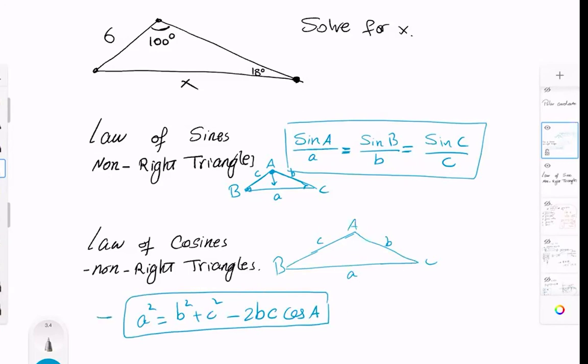I can say a squared equals b squared plus c squared minus 2bc cosine of A, or b squared equals a squared plus c squared minus 2ac cosine of B, or c squared equals a squared plus.